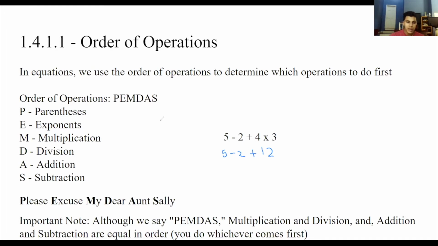Now, if you're thinking PEMDAS, you know that the A comes first for addition, but the note says that we only do addition and subtraction in whatever order comes first. So since we do subtraction first here, or it comes first in our equation, we actually do 5 minus 2 first. So 5 minus 2 is 3, and then we add that to 12 because we're left with 3 plus 12, and that simplifies to 15.